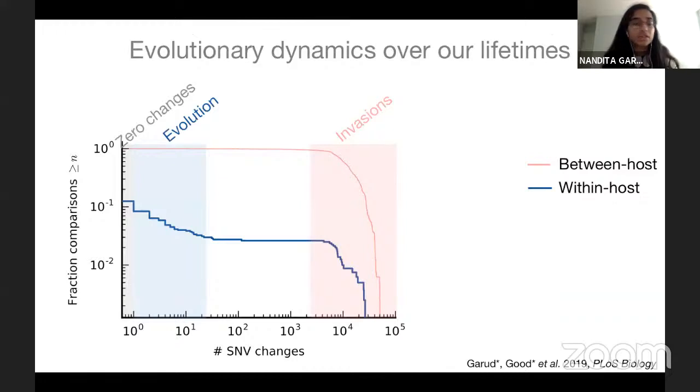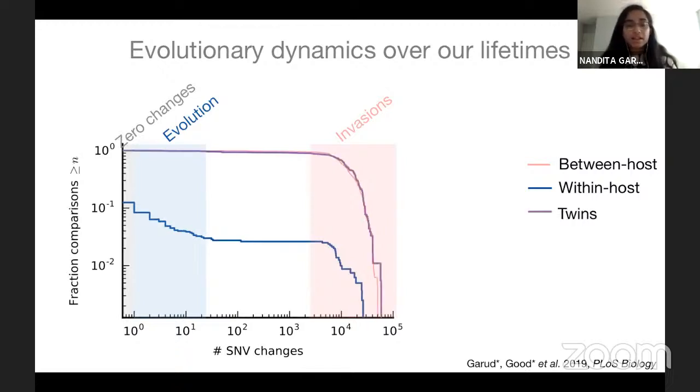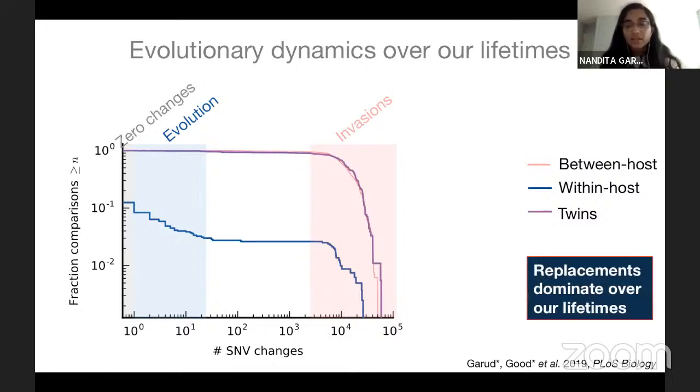And so what we did was we added a line to this plot, looking at the number of SNP differences between twin pairs, and here it is. It almost perfectly overlaps what's going on between hosts. And so this suggests that actually the strains within hosts are replaced over our lifetimes.